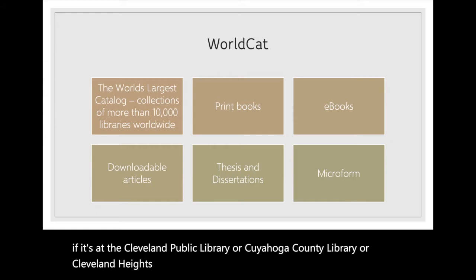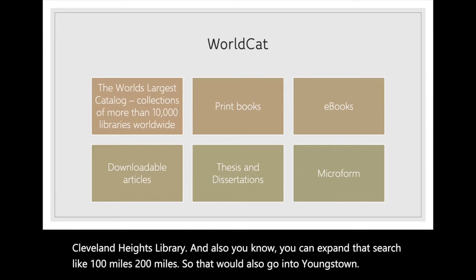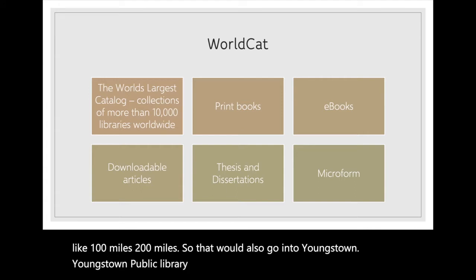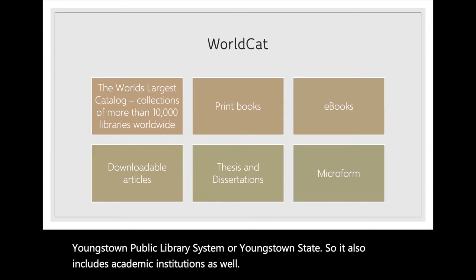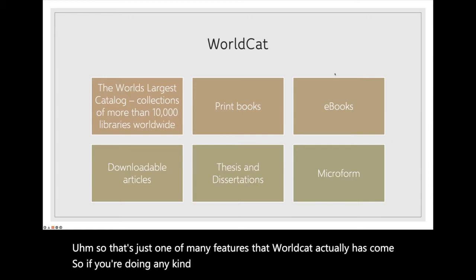And also, you can expand that search 100 miles, 200 miles. So that would also go into Youngstown Public Library System, or Youngstown State. So it also includes academic institutions as well. So that's just one of many features that WorldCat has. If you're doing any kind of research, it's a really, really good resource to use.